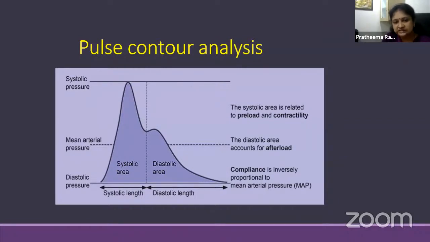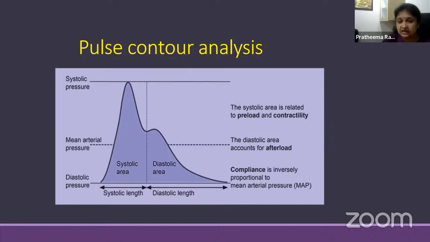So there is a systolic pressure, and there is a dicrotic notch, and there is a diastolic pressure. This is how a pulse looks. This is the systolic area. This is where the whole systolic pressure acts and the systole ends. So the systolic length, okay. And the systolic area is related to the preload and the contractility.